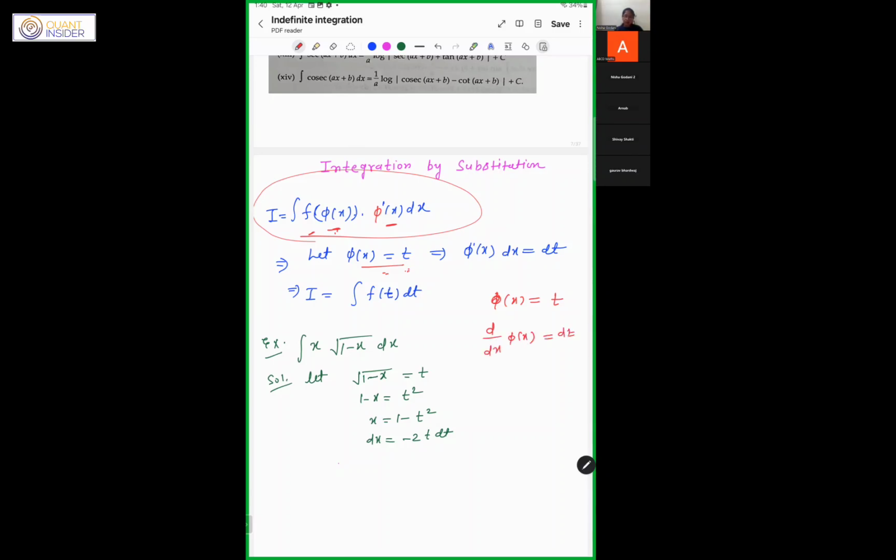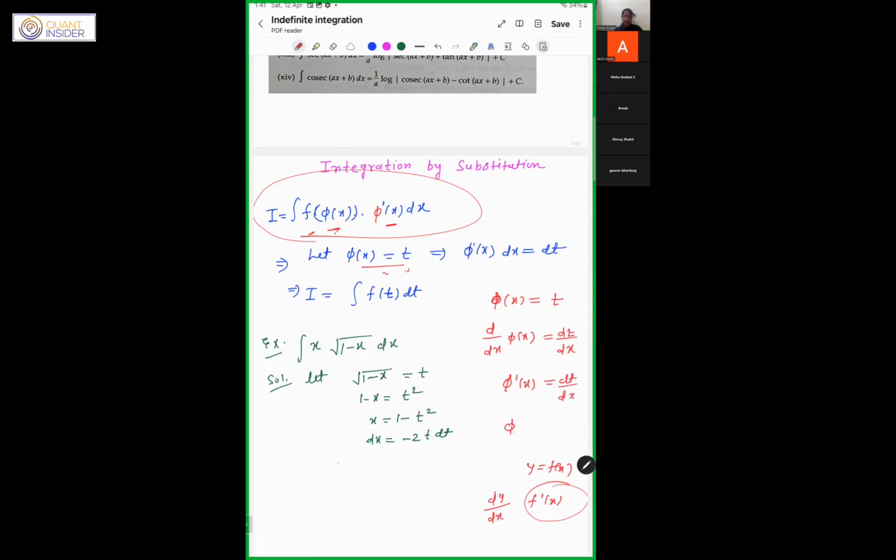Now d by dx of phi x can be written as phi dash x, because when we were studying differentiation, I told you notations like we write dy by dx or f dash x. If y is fx, so differentiation is f dash x. That is why differentiation of phi x can be written as phi dash x equal to dt by dx.